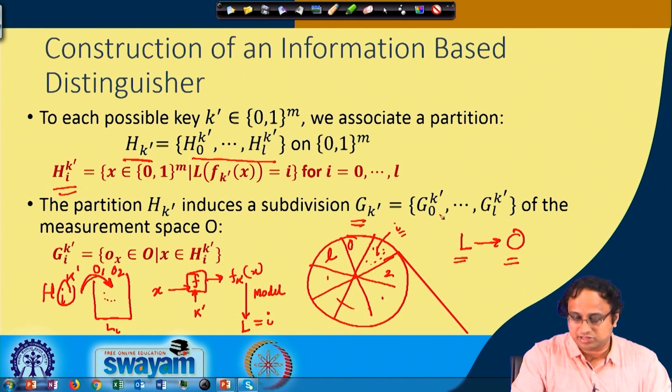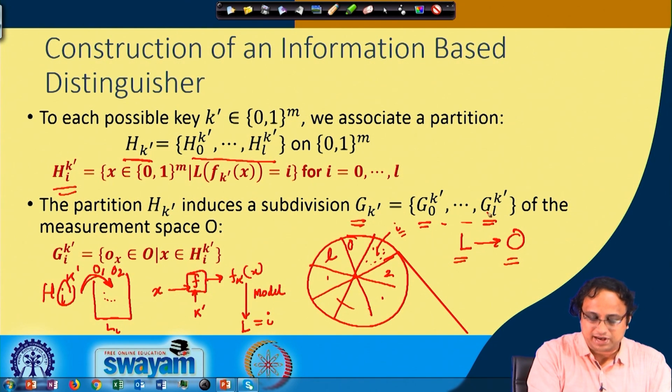Okay. So, gk dash therefore has g0 k dash and likewise till gl k dash. If I write gi k dash, it would mean that for all those input x values which have led to this leakage I, what are the corresponding values of the observables.